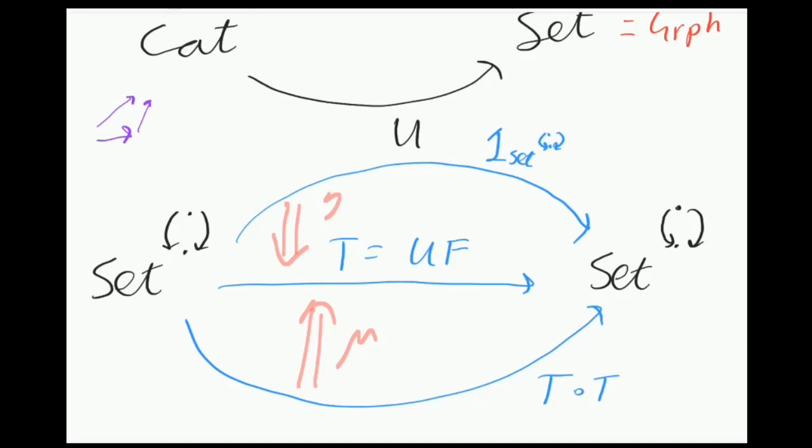But the key thing I want to say is that we can really look at the situation as if we're starting from this monad here. Okay? And that's because there's a way of thinking about what a monad is. And that's basically the idea that a monad is a sort of algebraic theory in a sense.